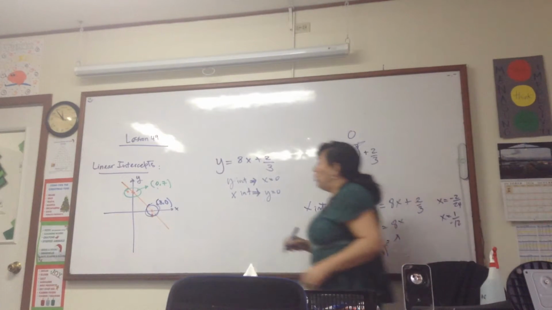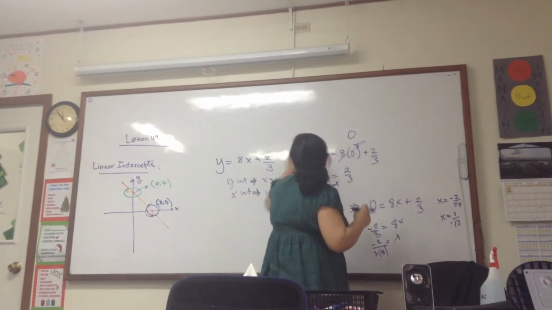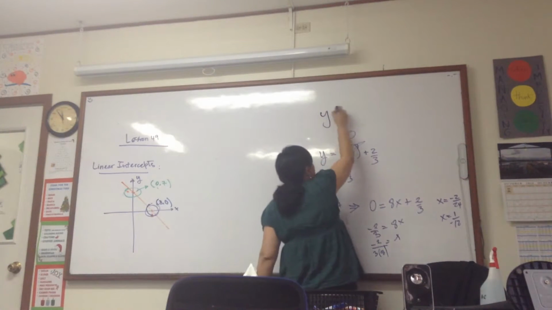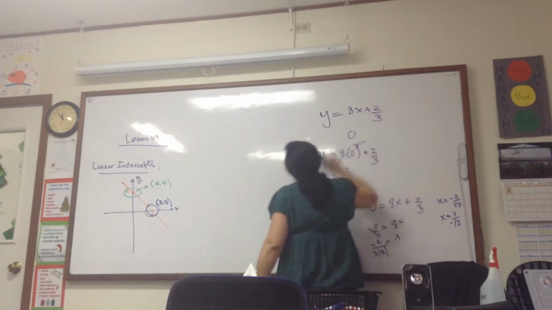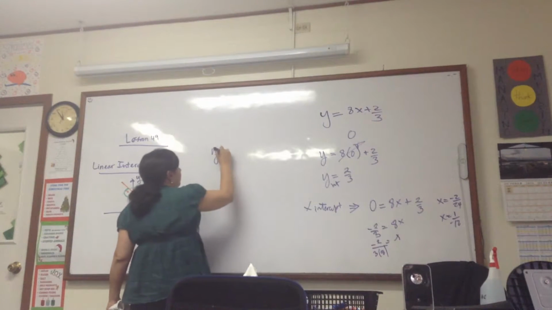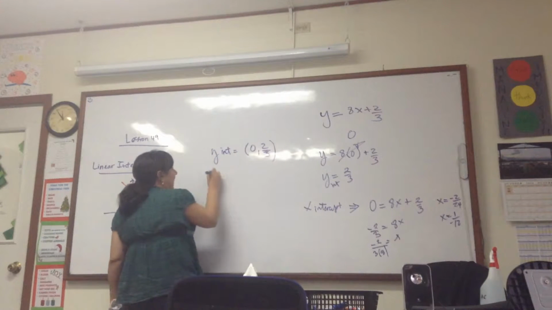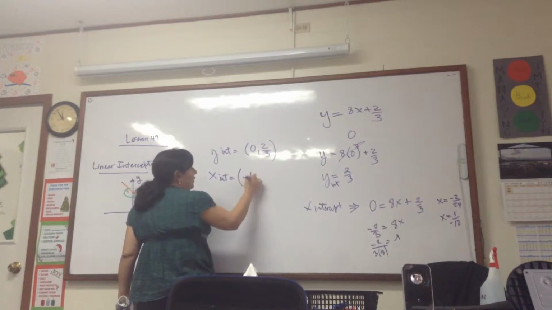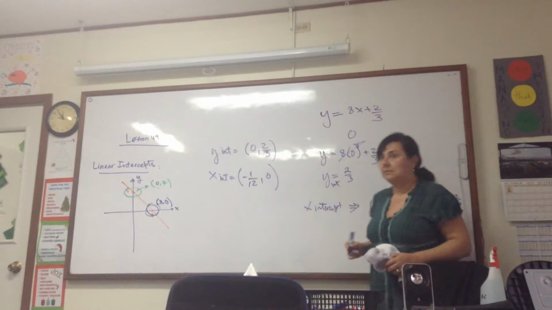So for this equation, y equals 8x plus 2/3, the y-intercept would be 0, 2/3. And the x-intercept would be negative 1/12, 0. Does everybody see that?